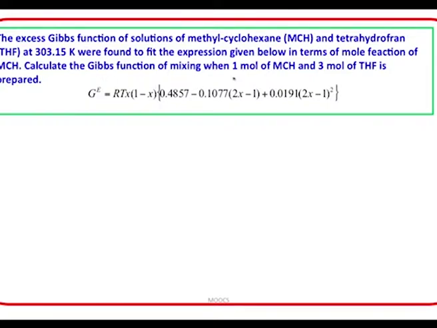Calculate the Gibbs function of mixing when 1 mole of MCH and 3 mole of THF is prepared. The expression is given here in terms of mole fraction of MCH. This is how the excess Gibbs function depends upon the mole fraction of MCH. This is an experimental observation.